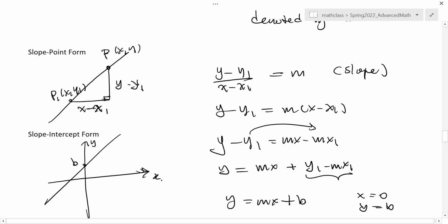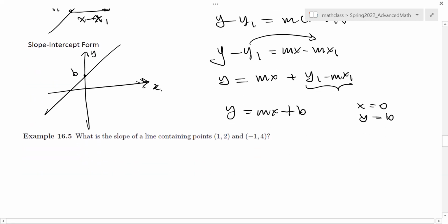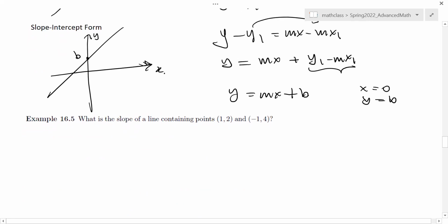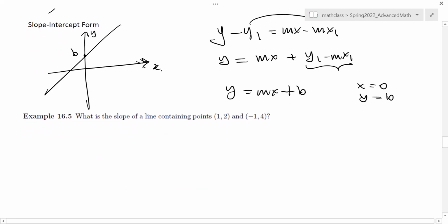Now let's do some problems. We can solve some problems to understand this better. So what is the slope of the line containing 2 points?